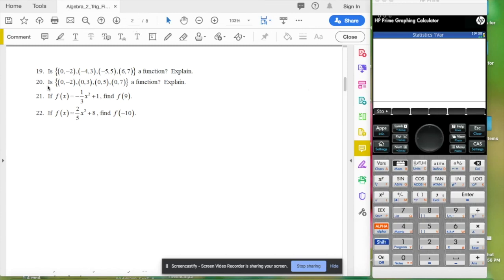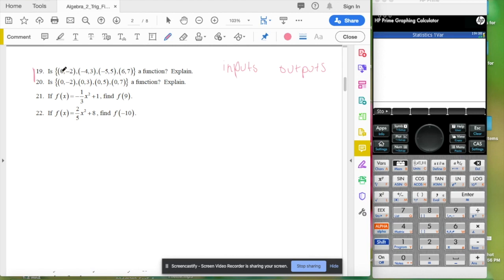Okay, here is 19 through 22. So for 19 and 20, we're just looking at whether it is a function or not. When we're worrying about if it's a function, you really want to focus on your inputs versus your outputs.